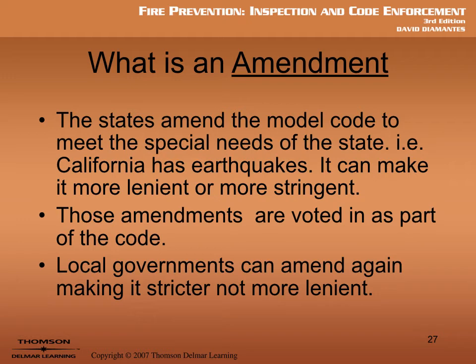Now, we don't have anything like that here in California. But you know what? After the Northridge earthquake, we changed a whole bunch of our laws, and we amended the building code and the fire code to be more conducive with a place where buildings get shaken really, really hard.